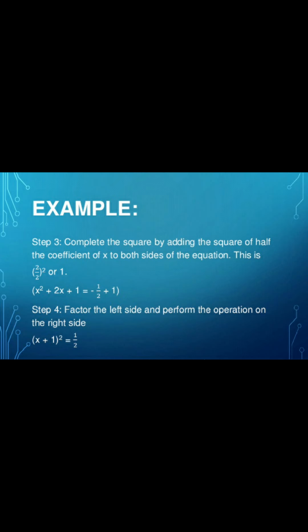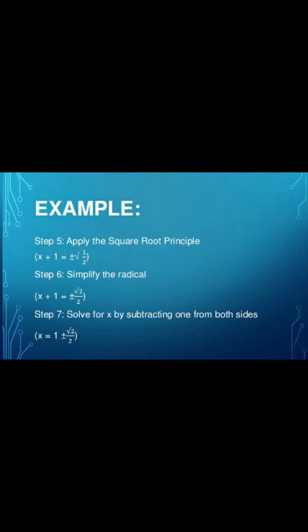Now the fourth step is to factor the left side and perform the operation on the right side. x squared plus 2x plus 1 is the square of x plus 1, and solving minus 1 by 2 plus 1 we get 1 by 2.